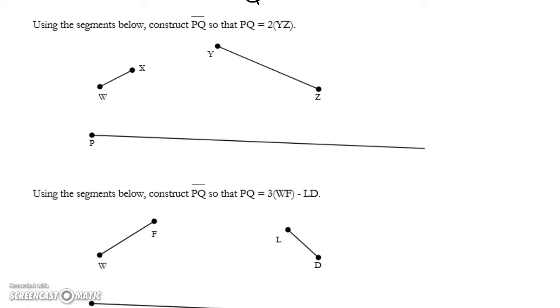This is another example where we've done something similar to this the other day, but in this case I want PQ to be equal to 2YZ. So I don't actually need segment WX at all.